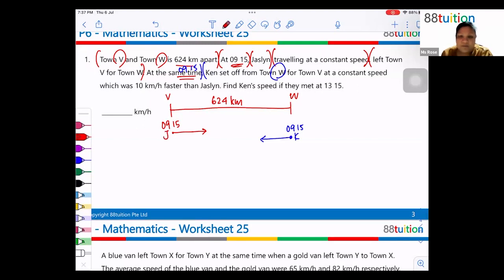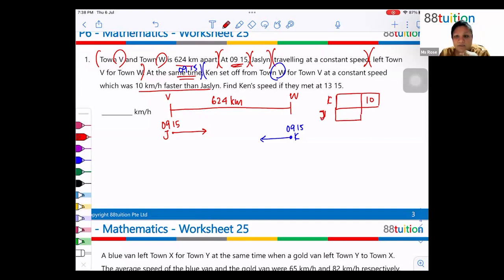Jaslyn is coming from V, whereas Ken is coming from W, at a speed which is faster than Jaslyn. So who is faster? Ken is faster than Jaslyn by 10 kilometers.